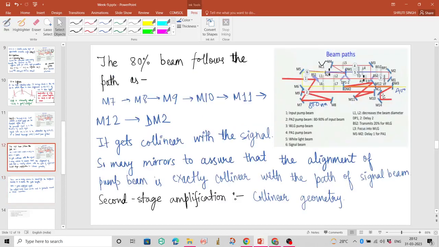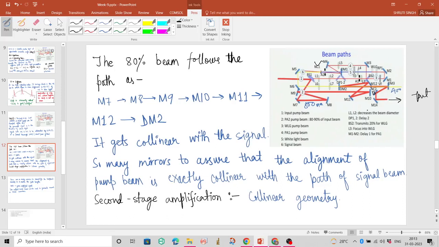So we see here this dichroic mirror amplifies the signal, which goes out, then the pump, since it is a short pass filter, is reflected, it hits here, it is M13, it's not written over here, this one is M13, and then it is reflected to M14, and after M14 it comes out as the output.